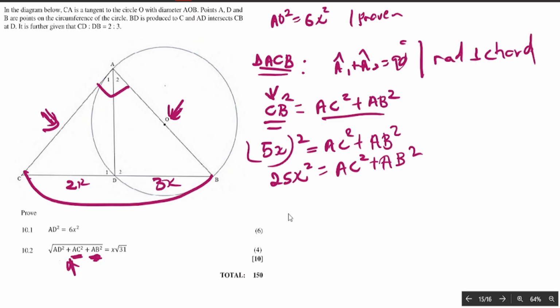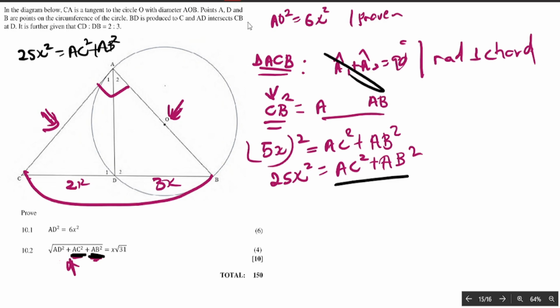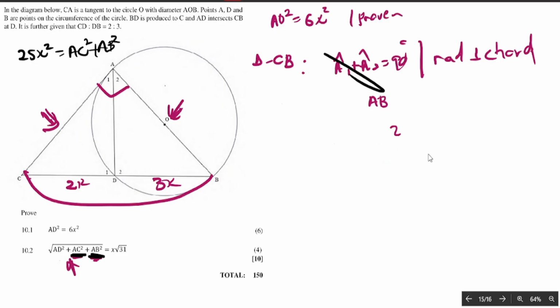And then from here, what's important is recognizing this, which is basically that, right? So what you will do is erase this, but first write that 25x squared is equal to AC squared plus AB squared. So what I'll do is erase here.